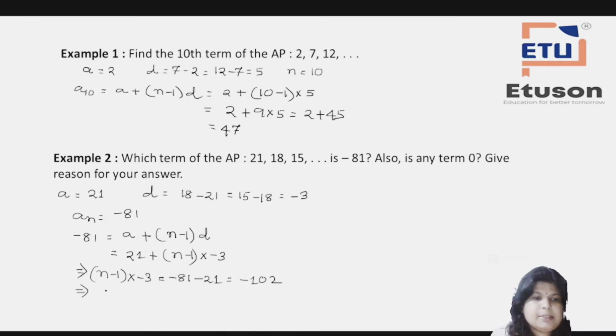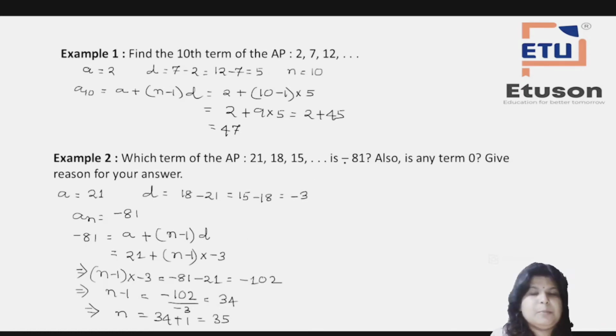It implies n minus 1 is equal to minus 102 divided by minus 3. That is equal to how much? That is equal to 34. So what is the value of n then? n is equal to 34 plus 1, that is 35. So the 35th term of the AP will be minus 81.